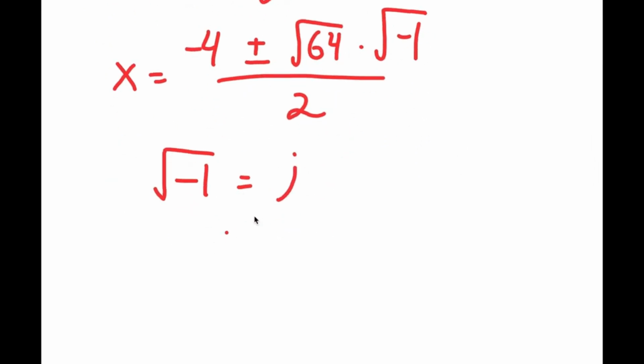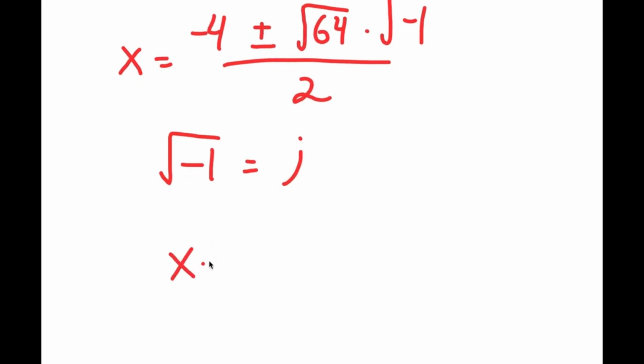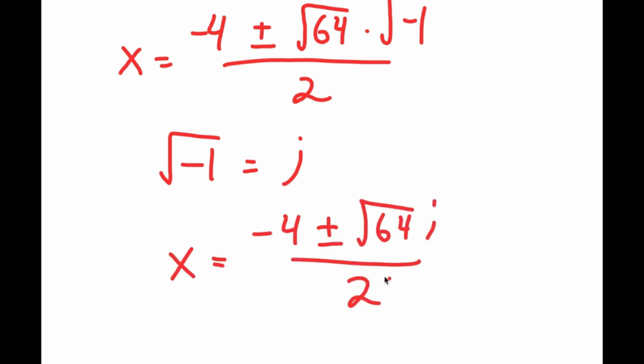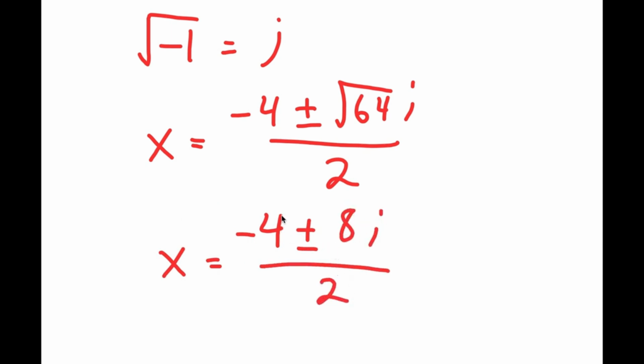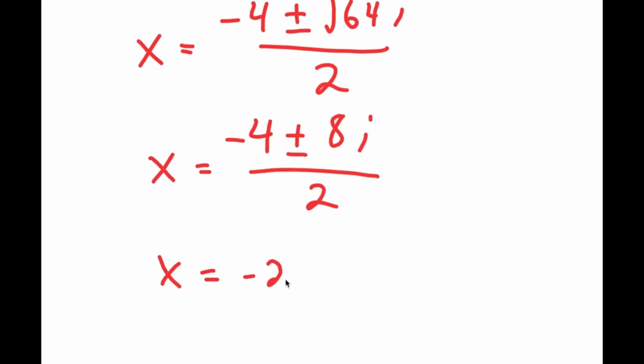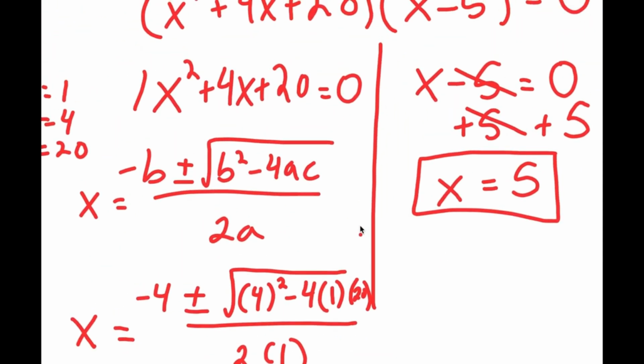So if I replace the square root of negative 1 with i, I get x is equal to negative 4 plus or minus the square root of 64 i over 2. And the square root of 64 is equal to 8. So I get x is equal to negative 4 plus or minus 8i over 2. Negative 4 divided by 2 is negative 2, and 8 divided by 2 is 4. So these are two other solutions.